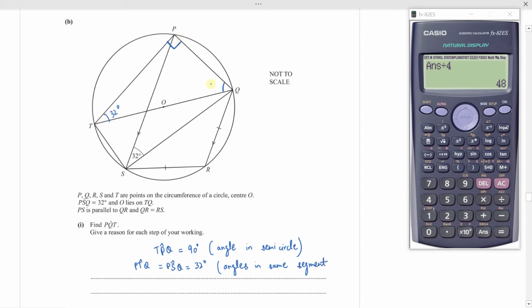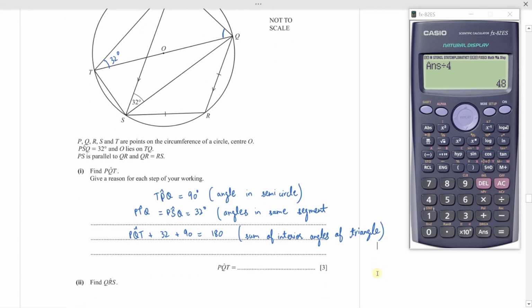So now this is the only unknown angle in this triangle PQT. So now I can write angle PQT plus 32 degrees plus 90 degrees equals 180 degrees, because this is the sum of interior angles of a triangle. And now we can solve this equation.